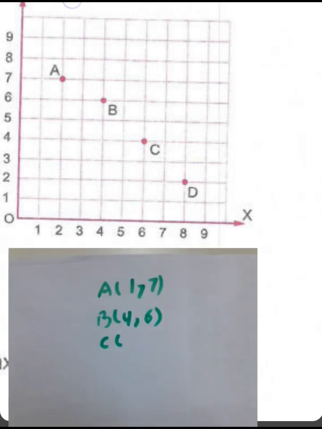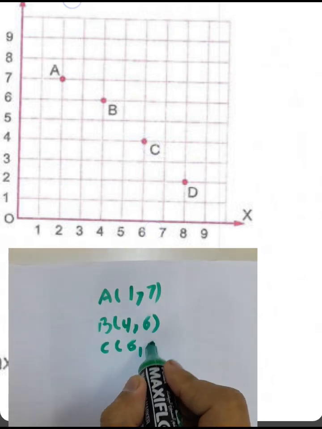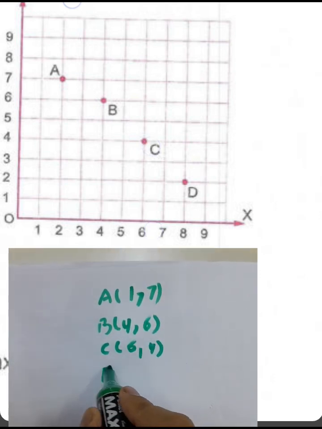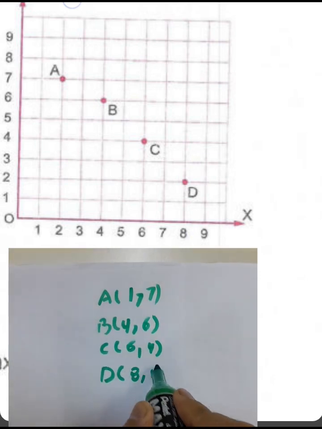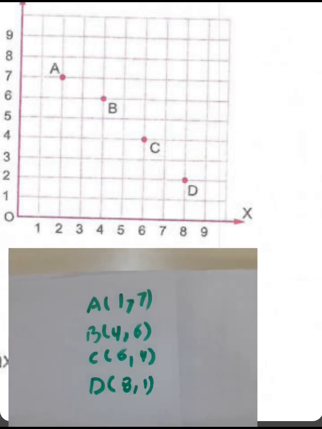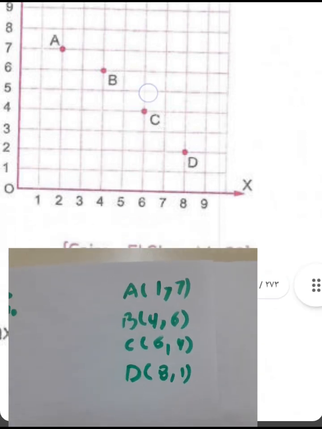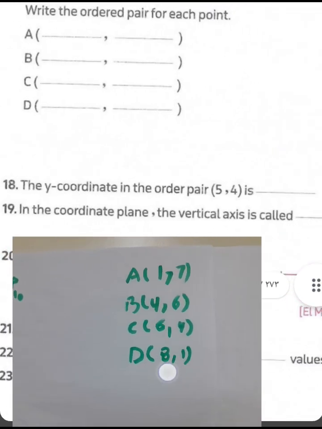Point C, beginning from 6 and ending at 4, 6 and 4. Point D, 8 and 1. It's the ordered pair of point D. Okay? Understood?